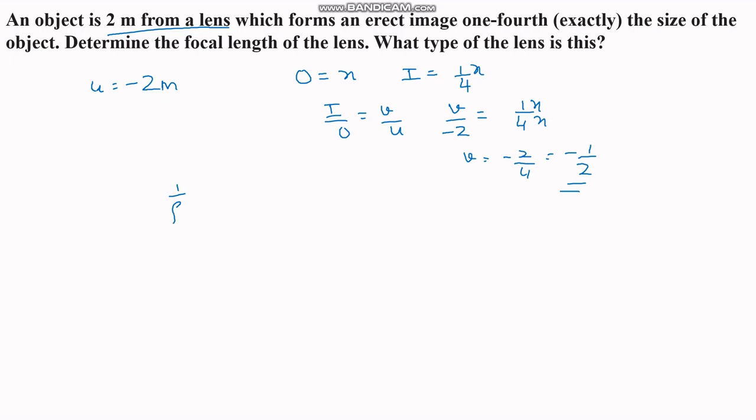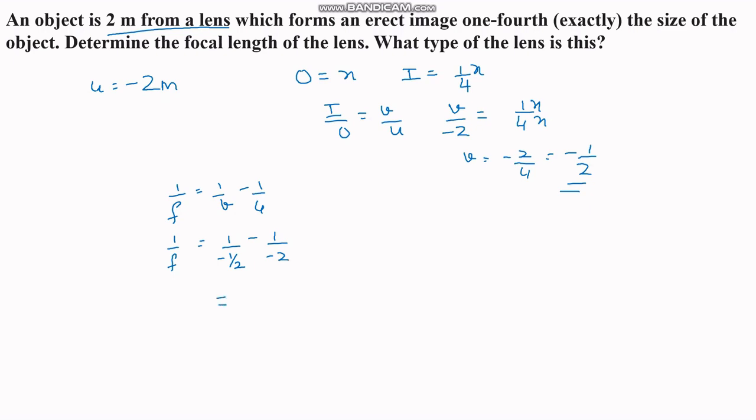Now use this: 1 upon f is equal to 1 upon v minus 1 upon u. So 1 upon f is equal to, now this is 1 upon v, so that means 1 upon minus 1 by 2, minus 1 upon minus 2.